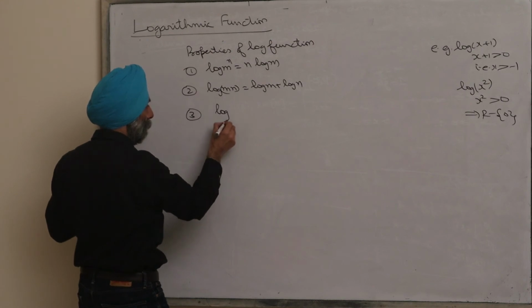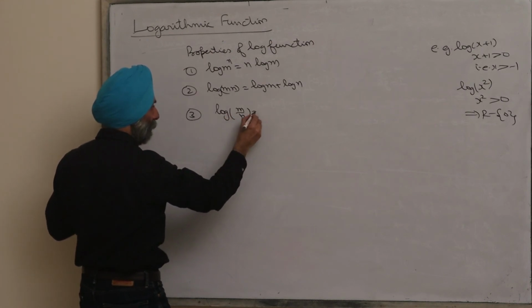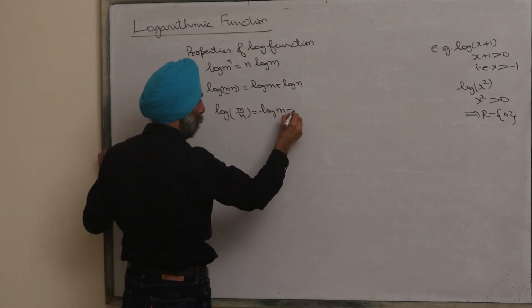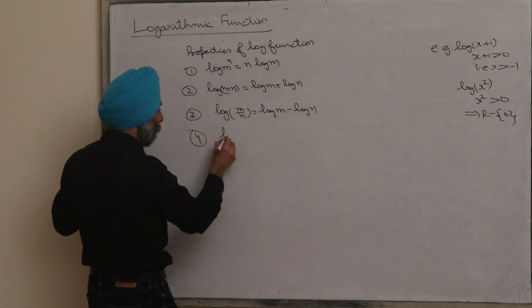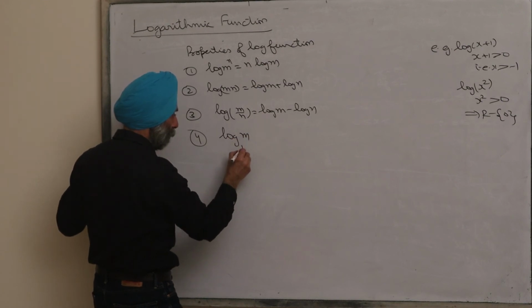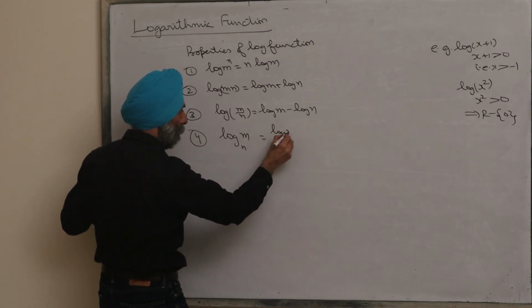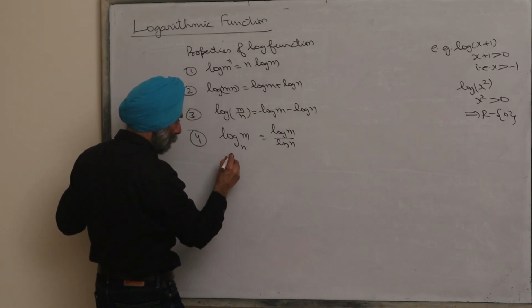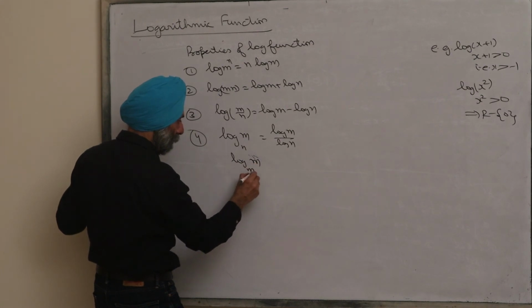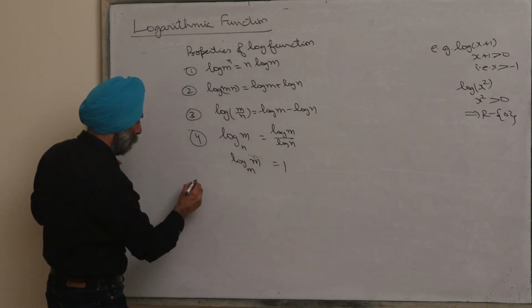Third one is log of m over n is equal to log m minus log n. Fourth one is log of m to the base n is log m upon log n. So in particular, log of any number to the same base is always equal to 1.